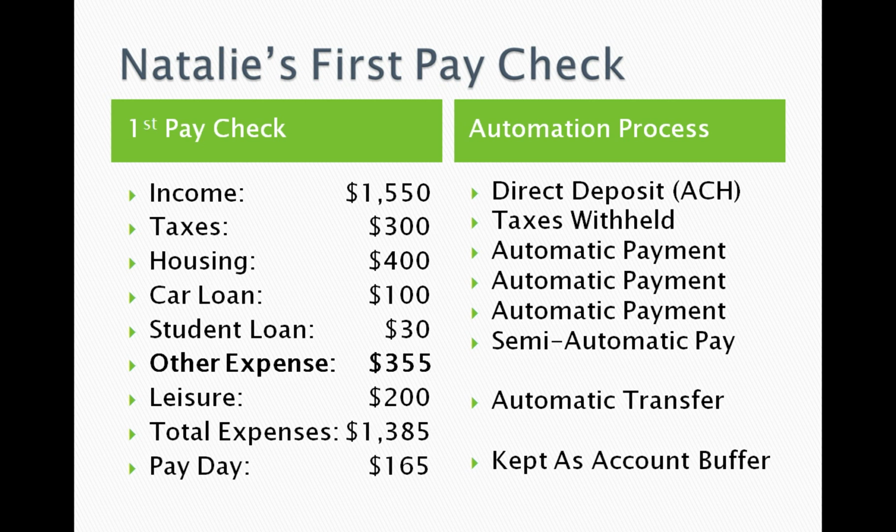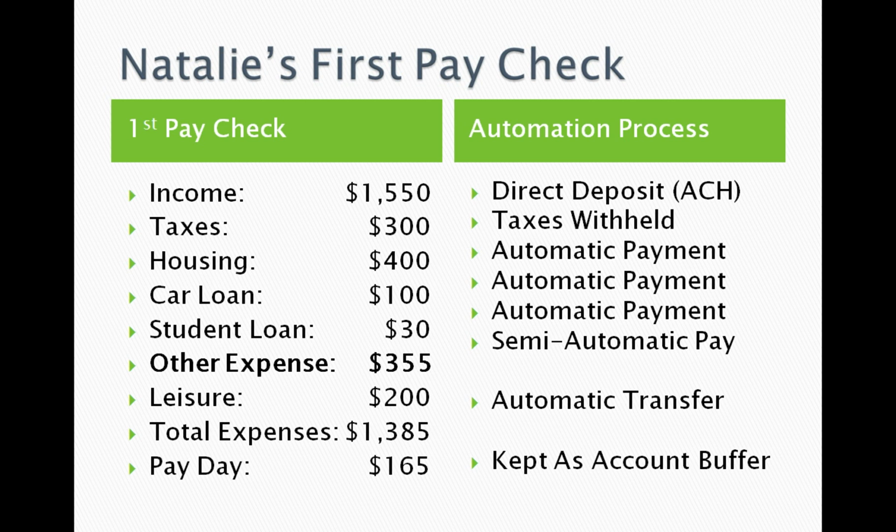The next one is leisurely. What you guys see there is I have it on automatic transfer. The reason is that you don't necessarily have to have a separate bank account, but I do recommend having another account so that you can do just regular spending.